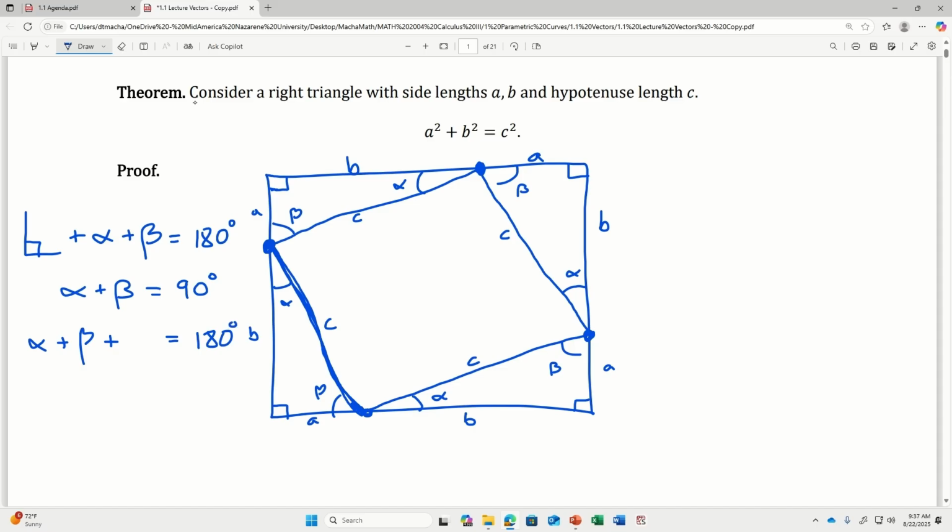If I wanted to make a straight line, that has to add up to 180. So this missing piece must be 90, right? 90 plus 90 equals 180. And so that means these are also right angles. And that means the shape I've drawn here in the middle is a square: same sides, all 90-degree angles. I've got a little square inside of a big square. Cool.